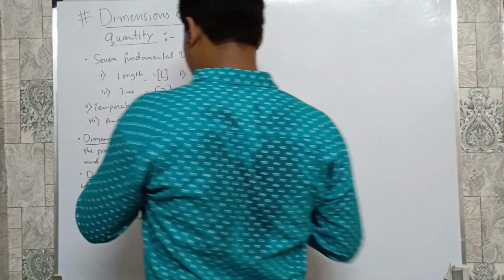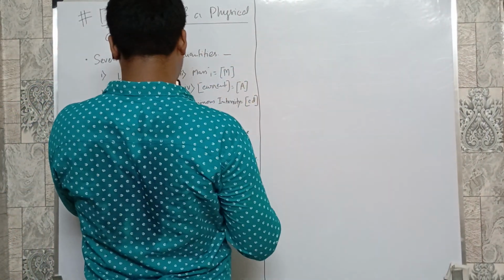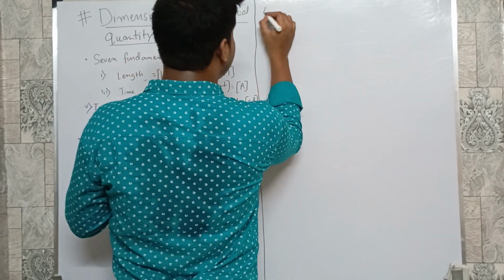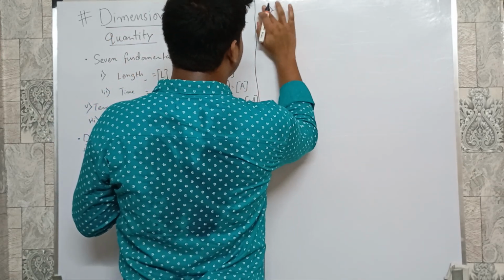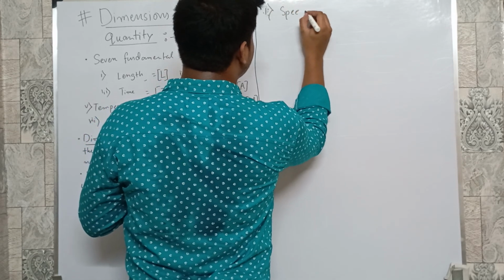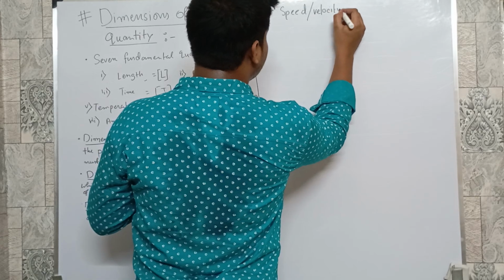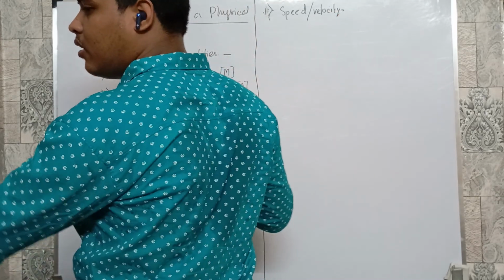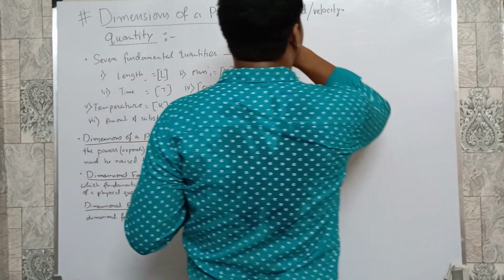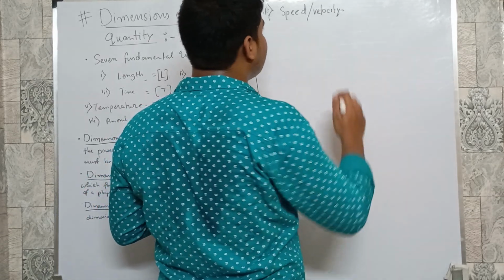Okay, so at first we have found the density. Second is speed or velocity. We know speed and velocity are kind of the same quantity, and their dimensions are the same, but one is a scalar and the other is a vector.